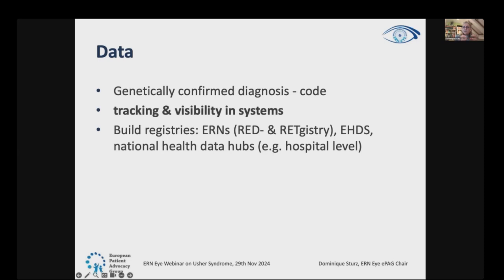And these registries are supposed to be interoperable with what we call the European Health Data Space, so data at European level, at the level of the European Union. And these should be interconnected again back with the national health data hubs at the hospital level, of course.